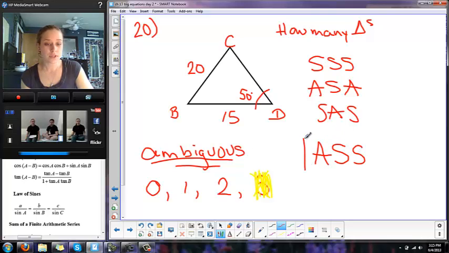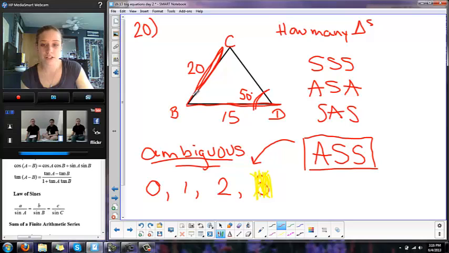Now, most of us 10th graders took our teachers at their word and said, all right, fine, we can't use it, and then just forgot about it. Well, the reason why we couldn't use ASS was because it was the ambiguous case. If you use angle, side, side, it doesn't necessarily guarantee that you're going to have a congruent triangle.